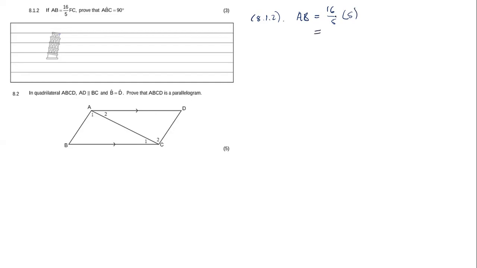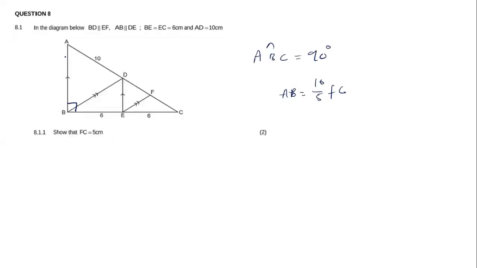Therefore, 5 will cancel 5, and I will be left with 16 centimeters. So side AB, which is this side over here, will be equal to 16 centimeters. Now, what will be side BC? Side BC in this case will be equal to 12 centimeters, which is provided. We can see that 6 plus 6 is 12 centimeters.